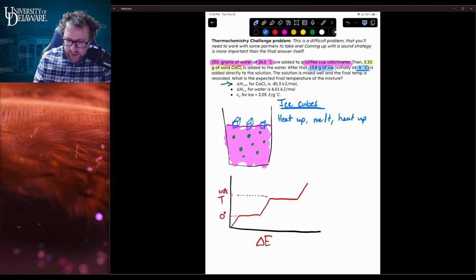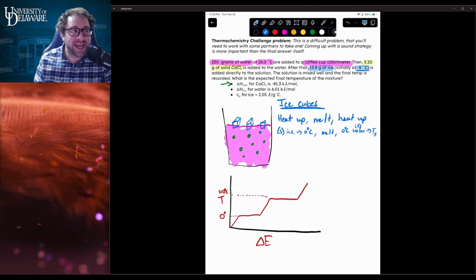So our ice is going to go, we're going to have solid ice. It's going to go to 0 degrees C. It's going to melt. And then our 0 degrees C water, which is a liquid, is going to go to the final temperature that we don't know. So in this case, I am assuming these are going to end in the liquid phase. If it's not going to end in the liquid phase, you're going to get a temperature that exceeds the boiling point of water or the freezing point.